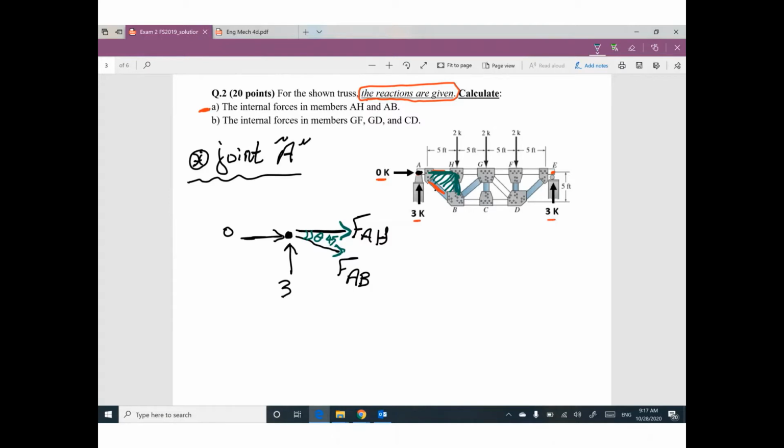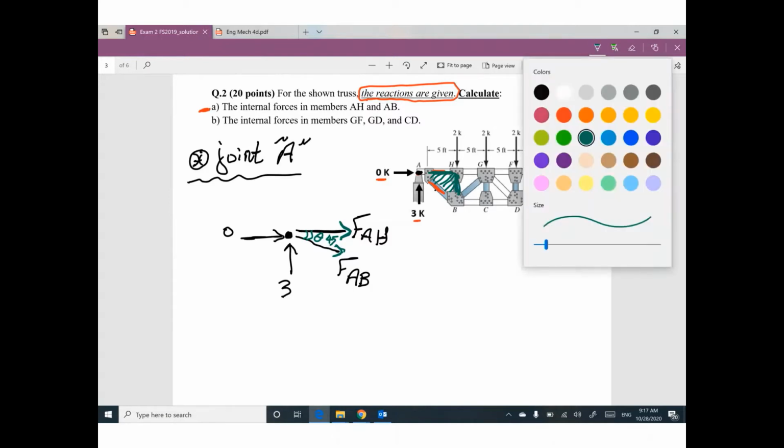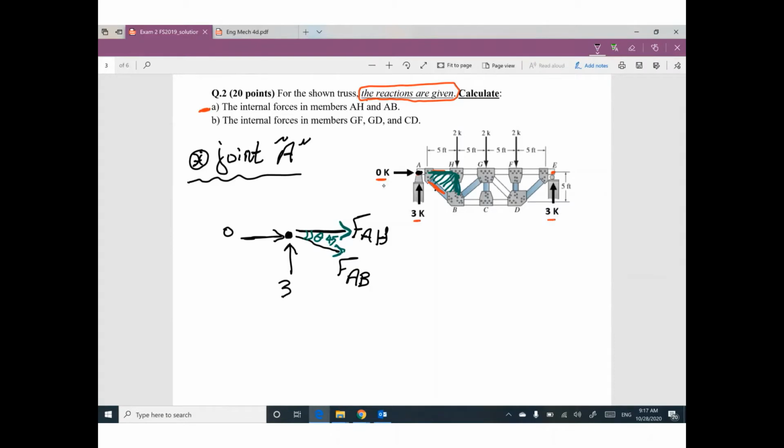We have two equilibrium equations. Summation Fx equals 0. We have positive FAH, plus FAB cosine 45 degrees equals 0.